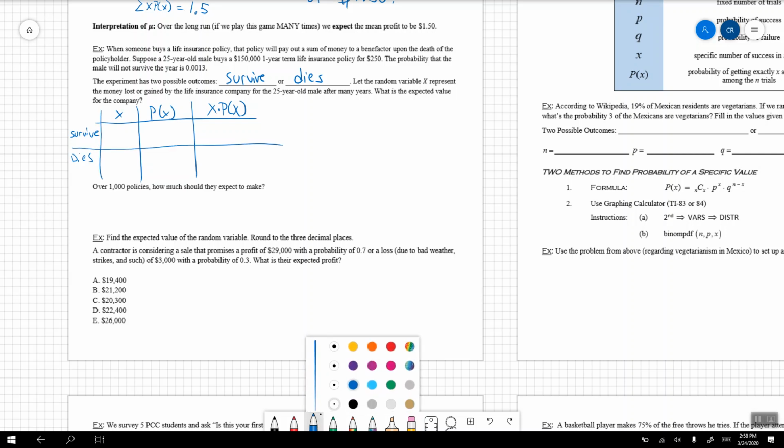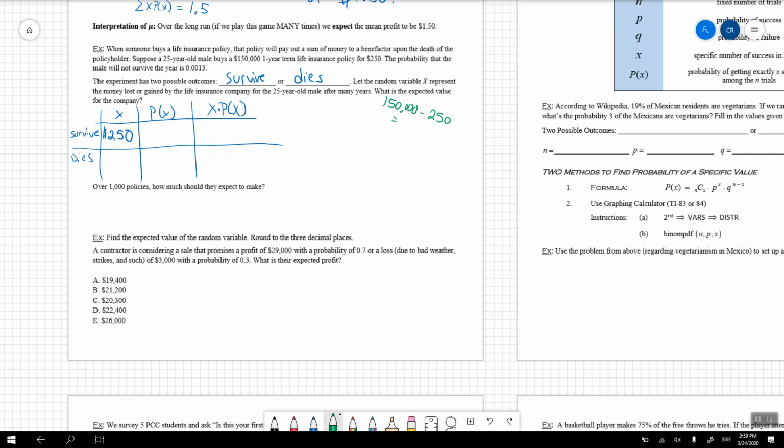Again, this is from the standpoint of the company. If the 25-year-old male survives, the insurance company will make money because they don't have to pay out, which means the company will make $250. However, if the individual dies, then we take the $150,000 and subtract out the $250.